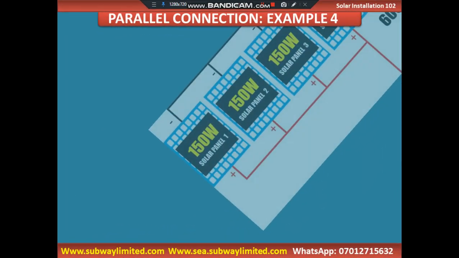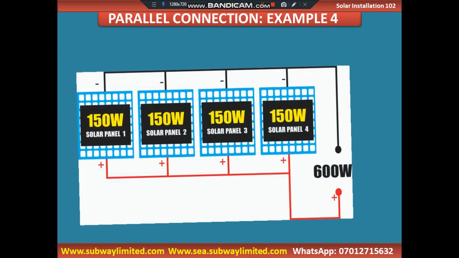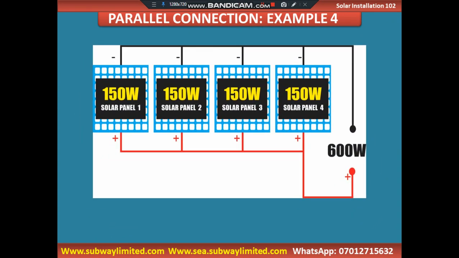Then we'll take a look at example 4, assuming we are connecting solar panels of the same watts. You can see here solar panel 1 is 150 watts, solar panel 2 is 150 watts, and we connect all of them in parallel. What will happen? We are bound to have 600 watts.